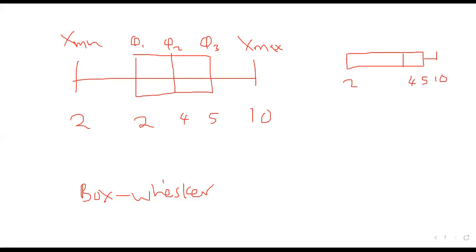There are a few who have read ahead who may want to ask why I am distinguishing these two. It's the same thing. So if you can see here, the distance from 2 to 4 has about 2 units. The distance from 4 to 5 has about 1 unit, a difference of 1. So here you can tell from the shape of the box-and-whisker plot that we have a larger space on the what? On the left side. So we can say it is skewed to the left.